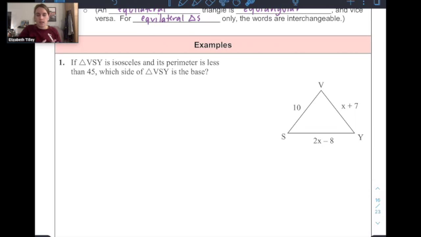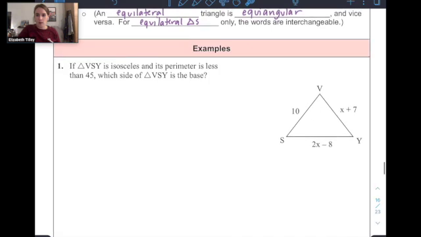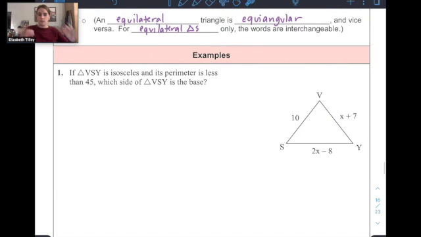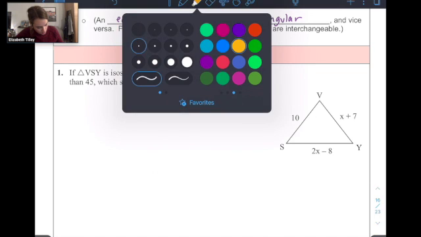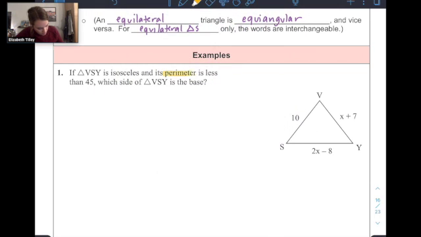So here is what's going to happen. There are certain math problems that at the beginning do not have an immediate answer. We're going to have to do some guessing and checking actually and test to see what happens. So there's a couple of different ways that you can organize, but there's at least one key piece of information, and that is that the perimeter is less than 45. Remember, the perimeter is the sum of all of your sides.